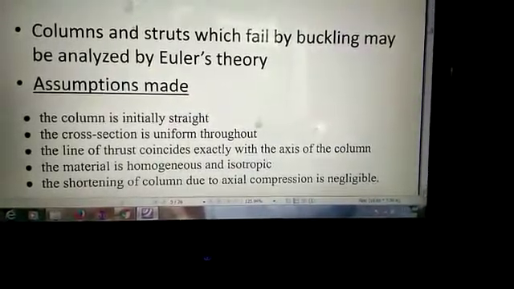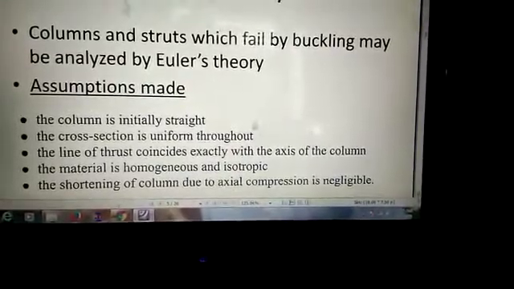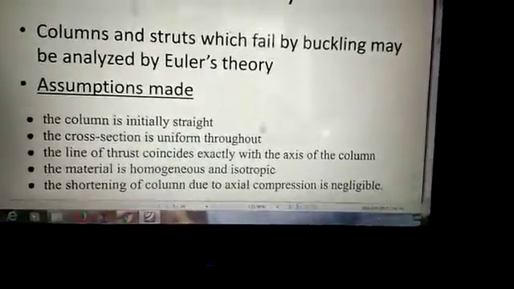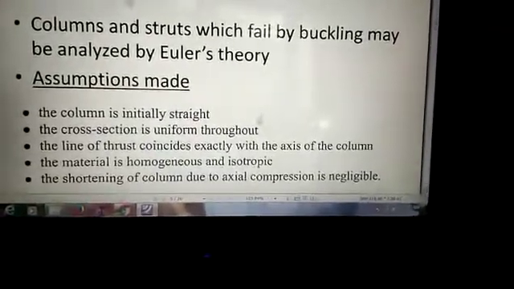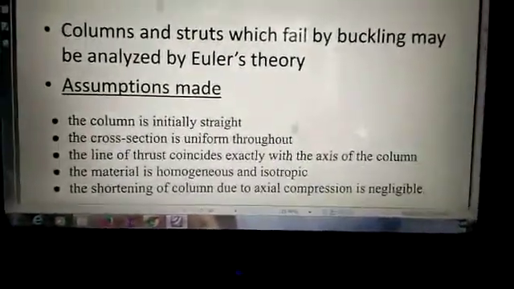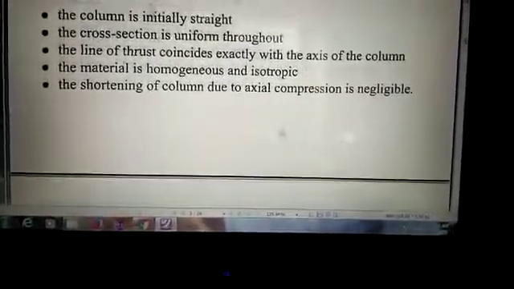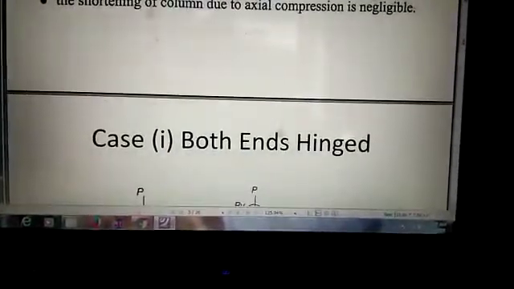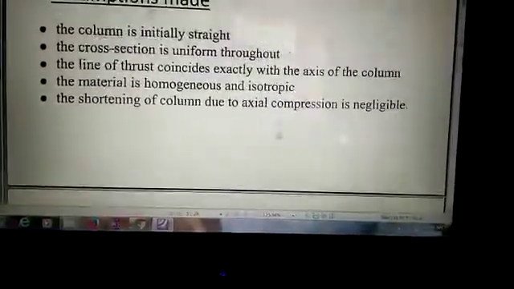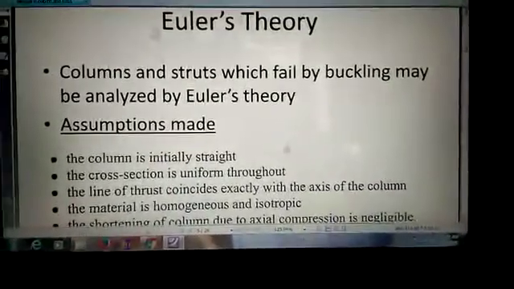In this, we considered the long column because it is not considering the shortening of the column due to axial load. It is only considering the column which fails due to buckling. In Euler's theory, these are the assumptions we have gone through.